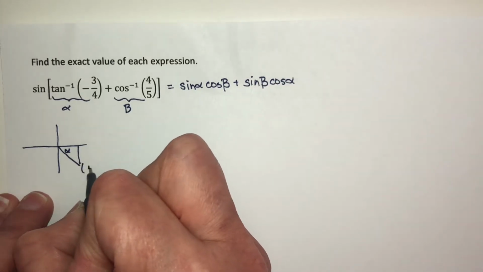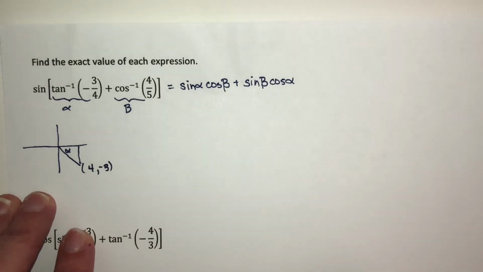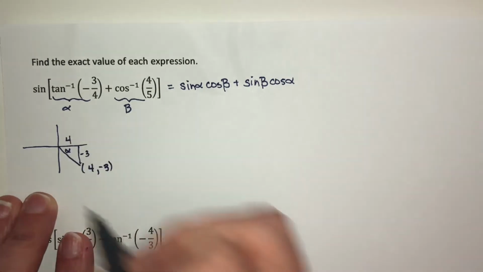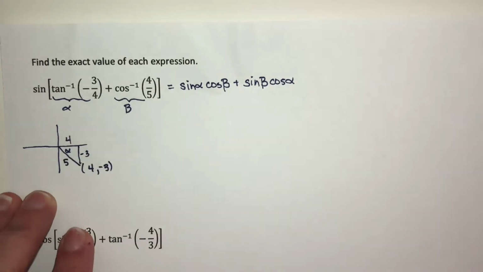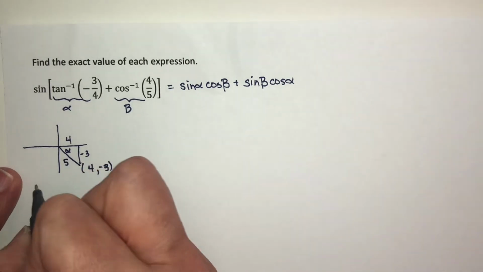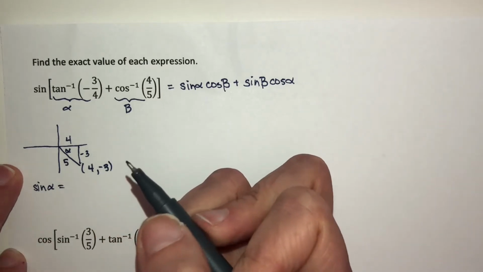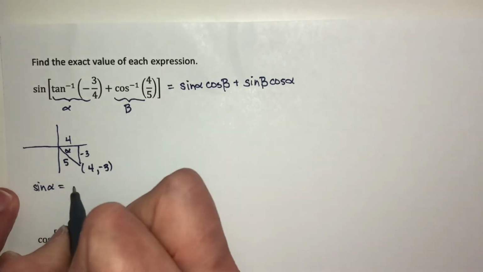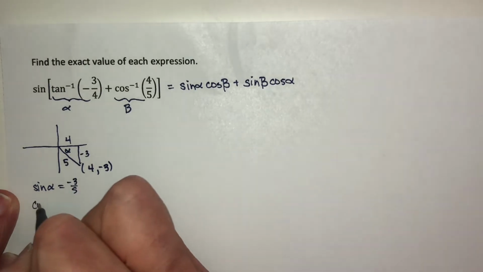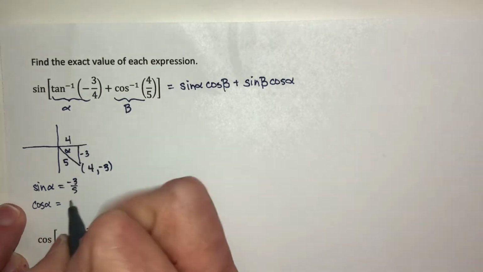Let's see, there's 4 and 3. Which of these is negative? Negative 3. Okay, so negative 3, positive 4. This must be a 3, 4, 5 right triangle. So sine of alpha is going to be negative 3/5. Cosine of alpha is going to be 4/5.